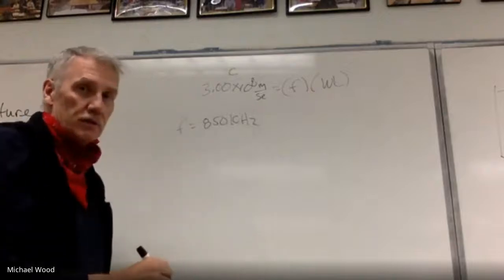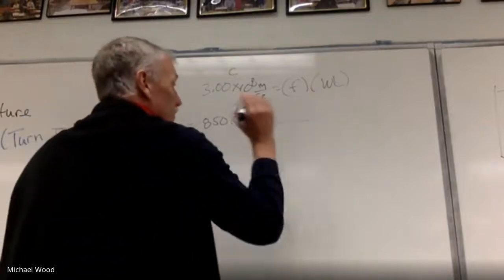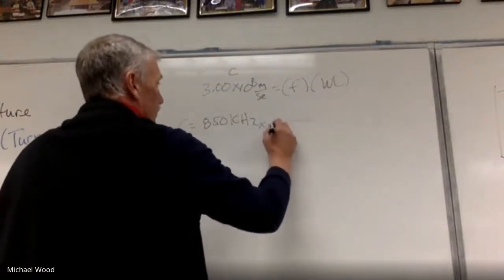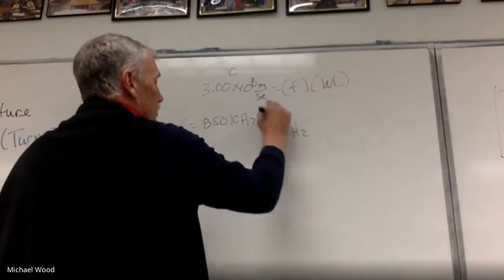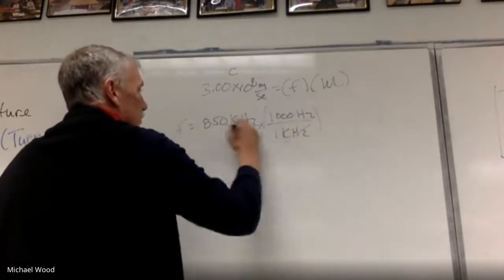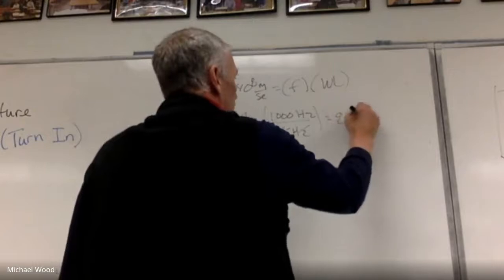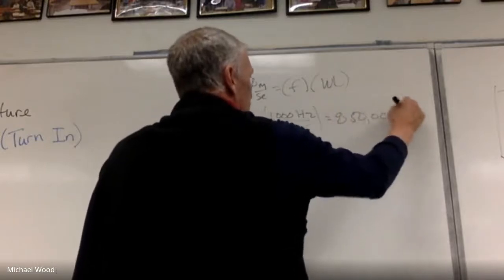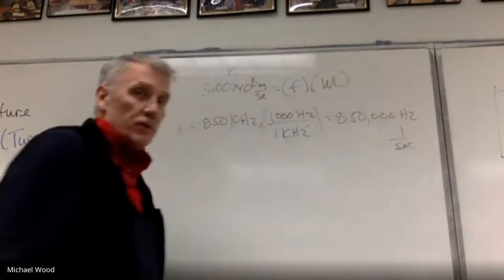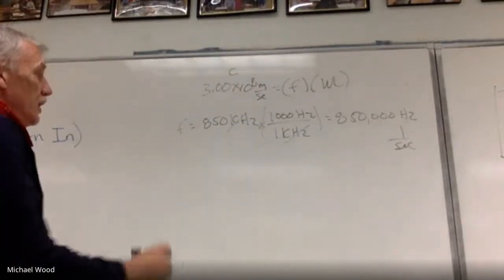That's a kilohertz, so I'm going to get this into hertz again, just like I did in the other problem. For every 1 kilohertz, there's 1,000 hertz. So it's going to give me 850,000 hertz, which again is 1 over seconds.